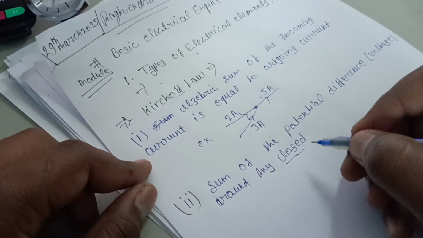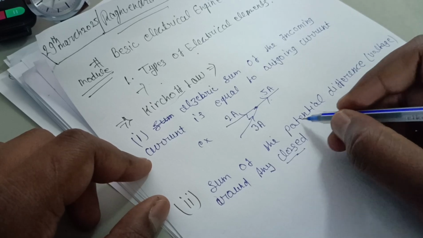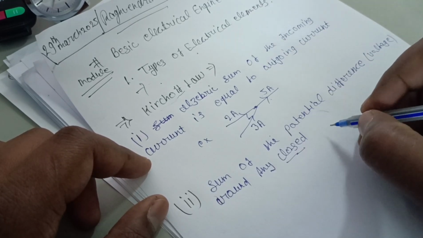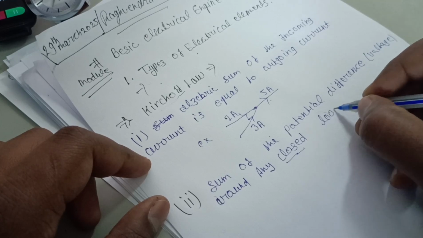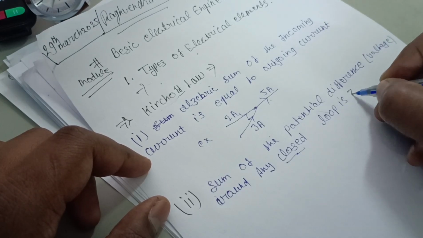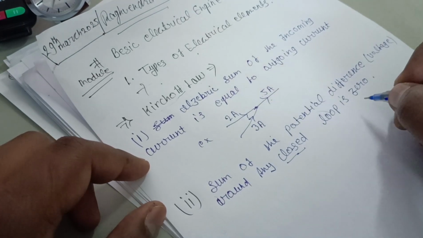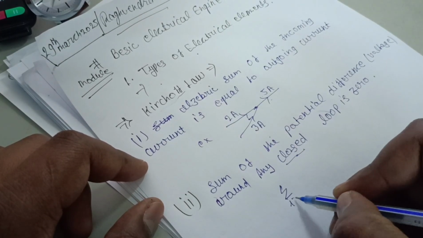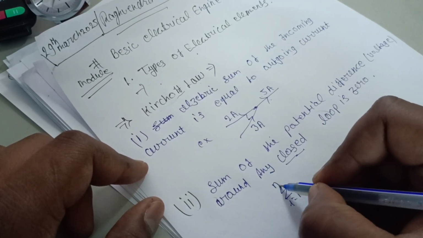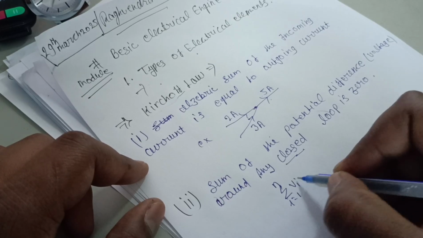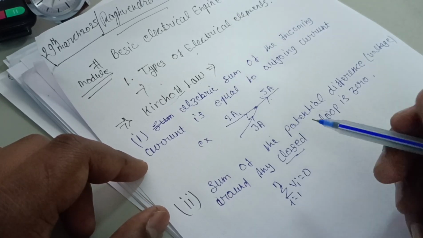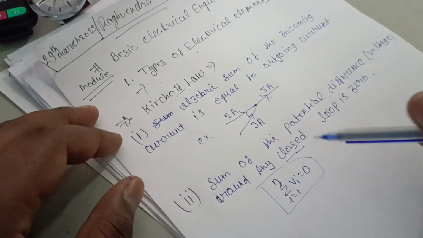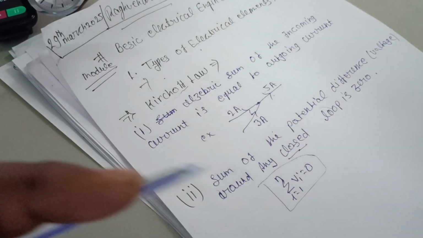You understand what I mean by closed loop? It means it is completely closed, no part of the circuit is open. So basically the summation of Vi, for i equal to 1 to n, is equal to 0. This is what Kirchhoff says in the second rule.